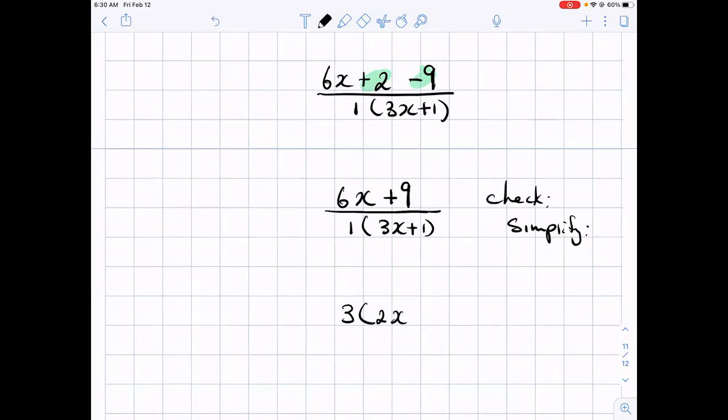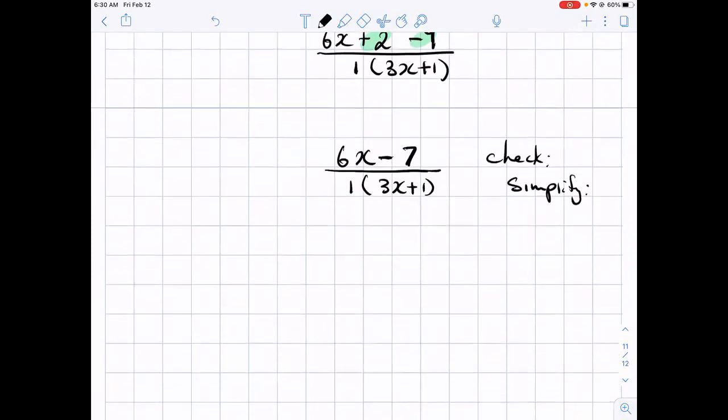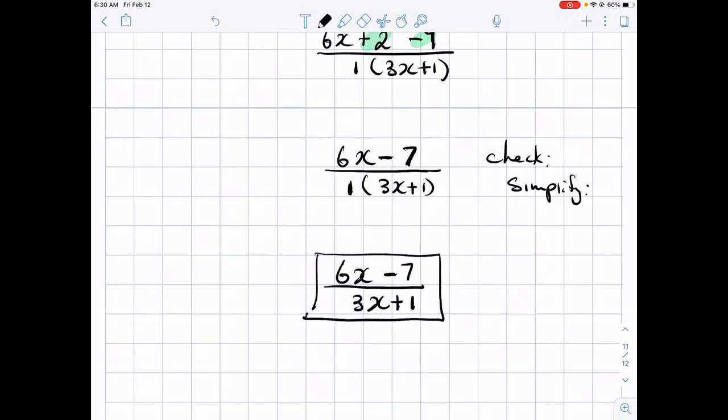If that's a 9, sorry, then we have like terms, 2 minus 9 becomes minus 7, right? So there is nothing to factor in the numerator. So 6x minus 7. And in the denominator, we don't need to write that 1 there. 3x plus 1. So this is my simplified answer.